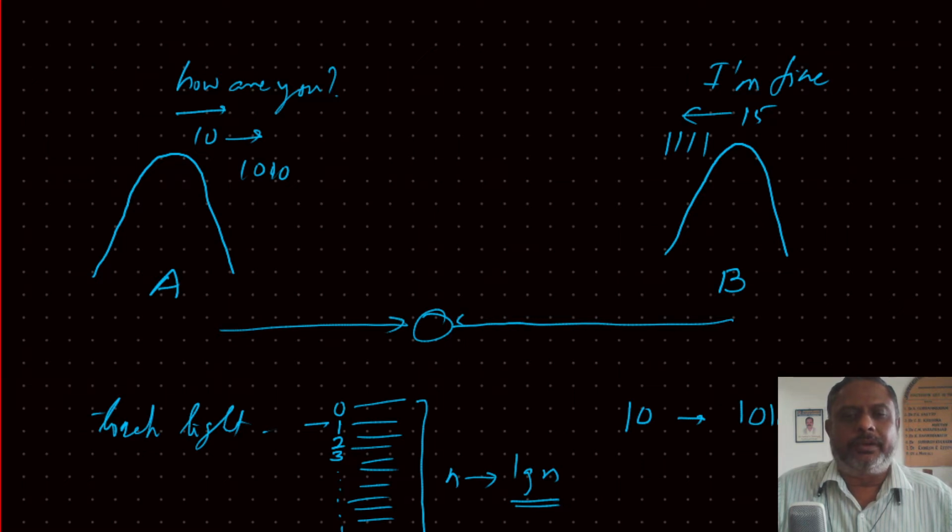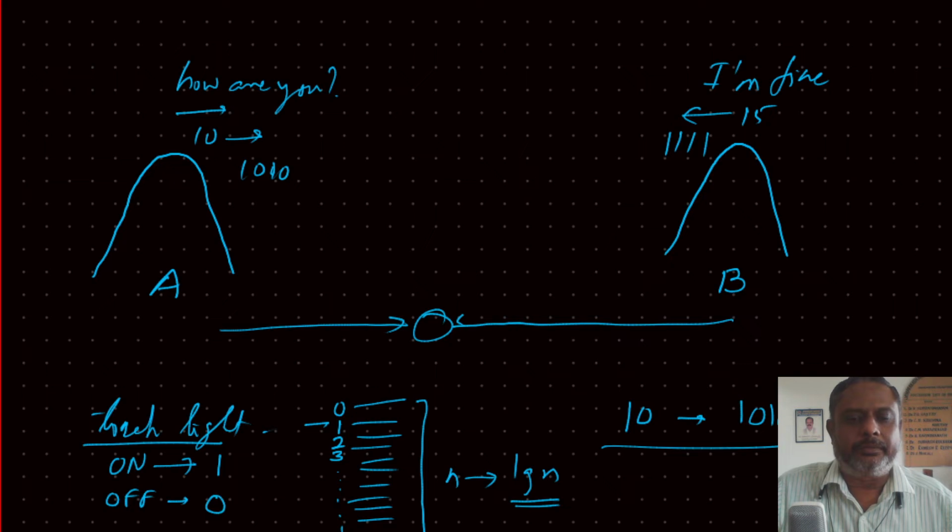Assume that there were 16 question answers in all, so 4-bit coding was used. 0 to 15 are the various codes: 8 questions, 8 answers, totally 16. The second thing they decided is that they would use the torchlight, turning it on to say 1 and off to say 0.